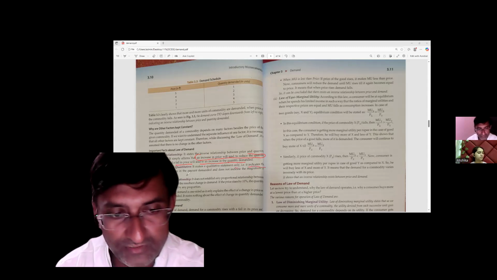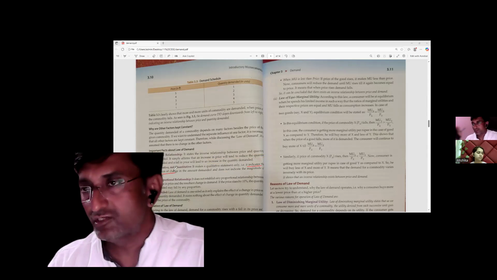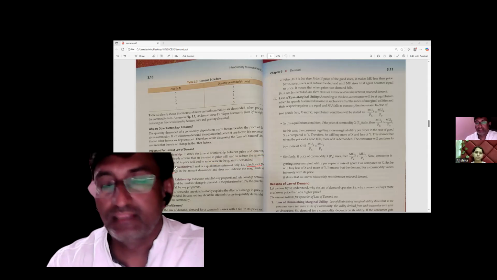Now, qualitative, not quantitative. This is another feature. It makes a qualitative statement only, that is, it indicates the direction of change in the amount demanded and does not indicate the magnitude of change.